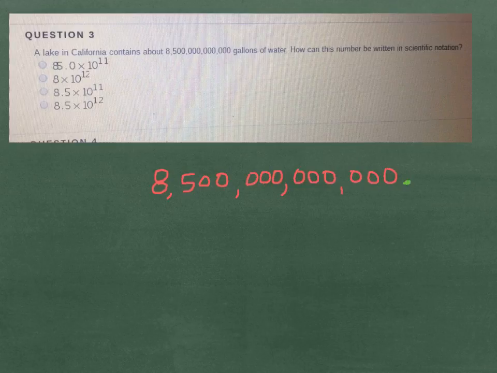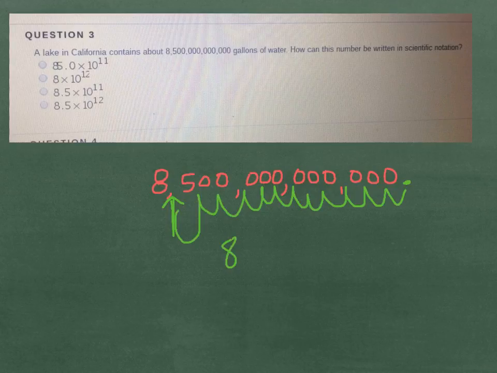And you have to ask yourself, how many times do I have to move the decimal so that it's right after the first number? Your goal is for the decimal to end up right after the first number. So it would be 8.5. Well, you have to move it a bunch of times. 3, 4, 5, 6, 7, 8, 9, 10, 11, 12.